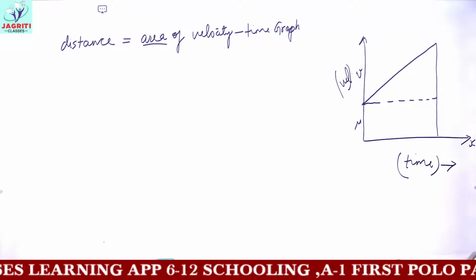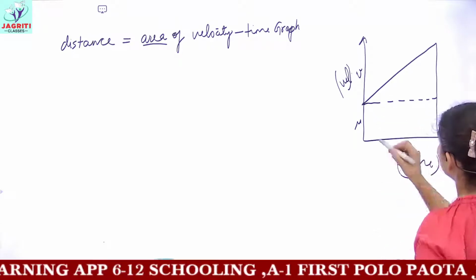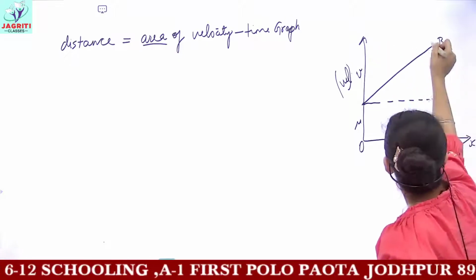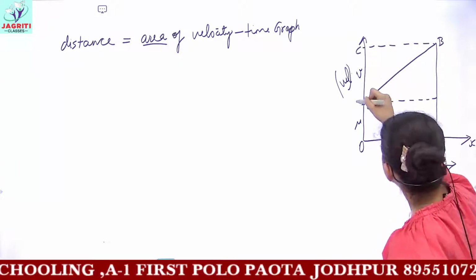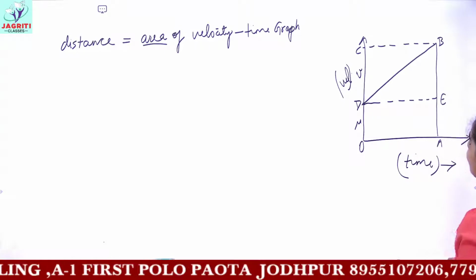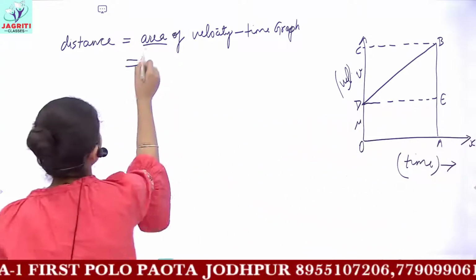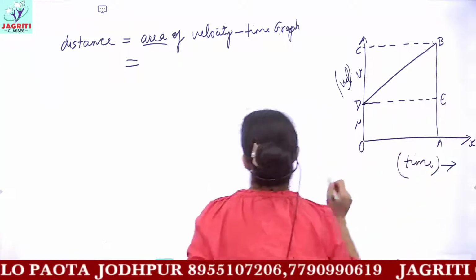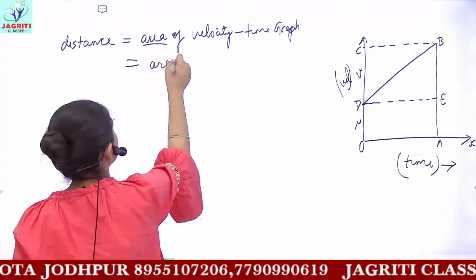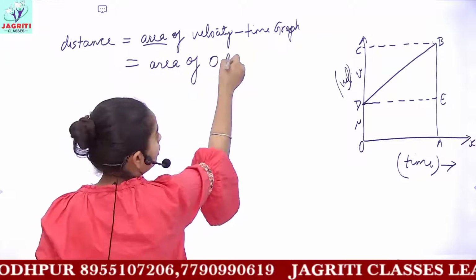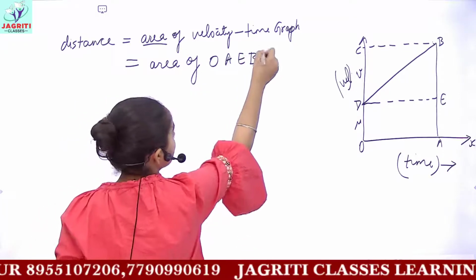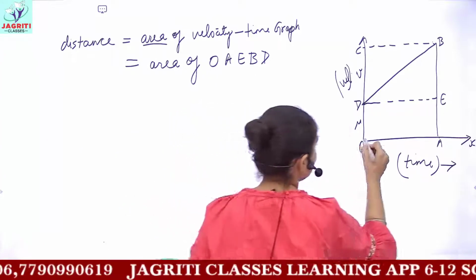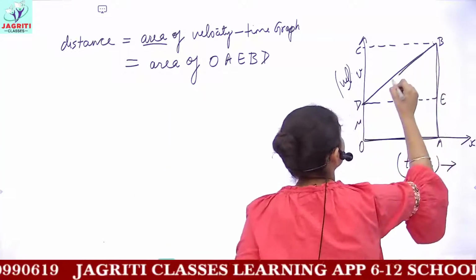To find the area, whatever names we have written, O, A, B, C, D and E, the area of the graph would be the area of OABD. So I have to find the area of OAEBD, this shape, and this is actually the complete shape, this one.